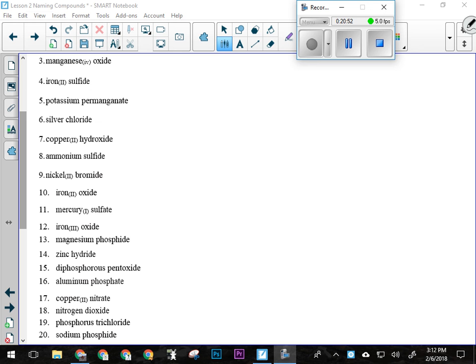So on number 8, we have ammonium sulphide. Ammonium is the only polyatomic ion on your chart with a positive charge. As a result, it's the only one that behaves as a metal, so it has to be listed first when we write its formula. The formula for ammonium is NH4, and it's a positive 1 charge. It's with sulfide, which is a -2 charge.